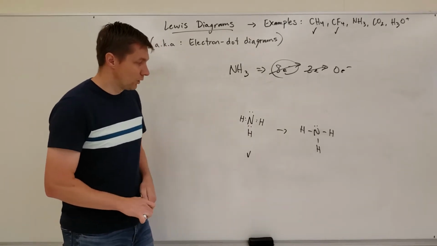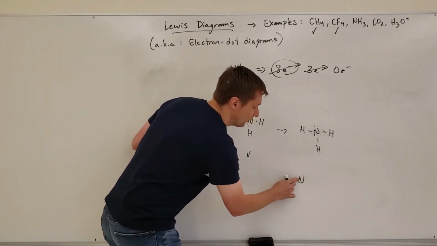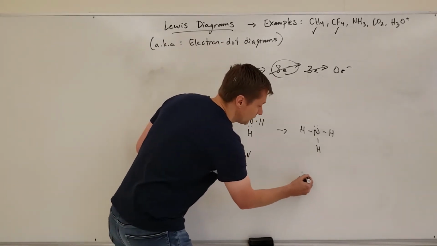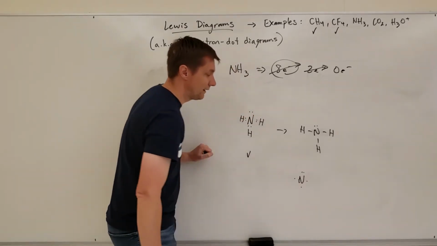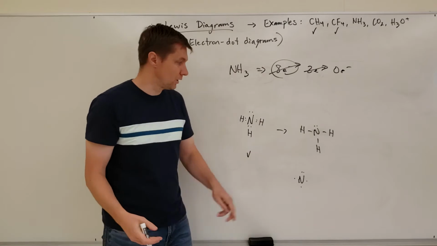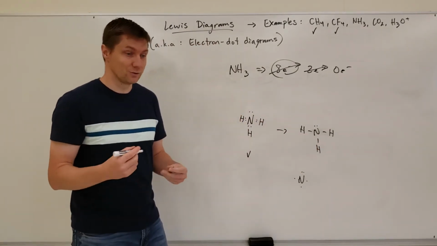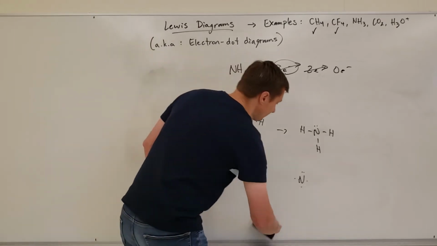And again, if you want to use Lewis symbols, you can use them to confirm your diagram. We know that nitrogen has 5 valence electrons, so I would draw its Lewis symbol like that. And you can see that nitrogen has 3 bonding electrons, so it should have 3 sticks coming off of it, and it does, so this confirms our diagram.